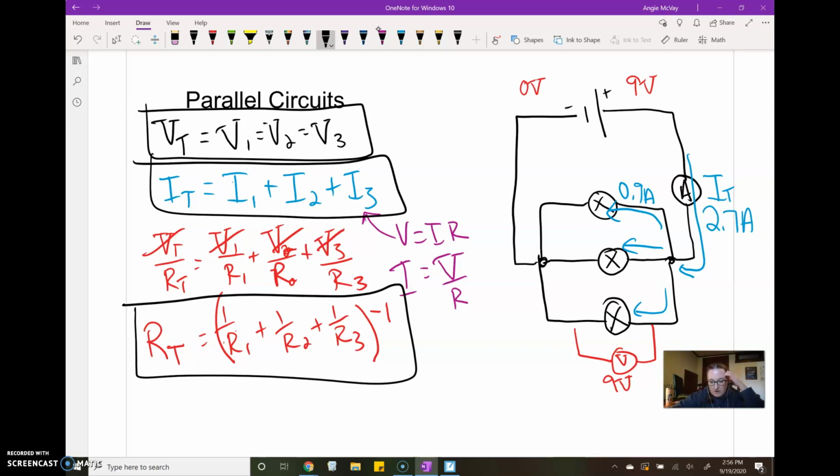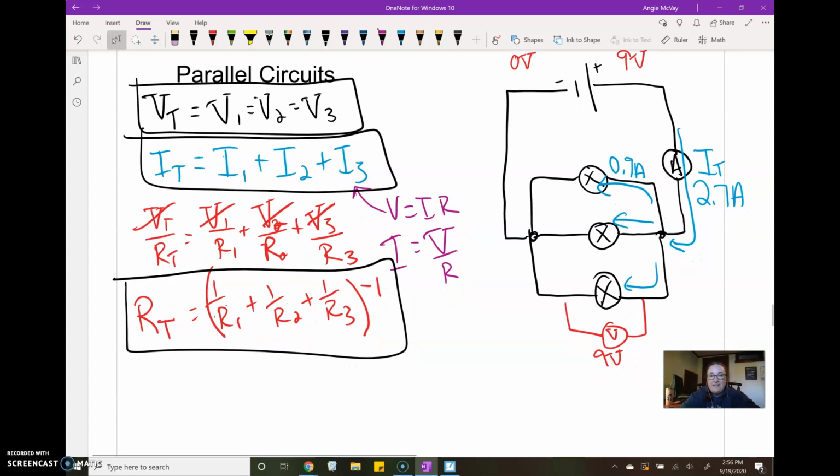Okay, now here is the waterfall analogy for parallel circuits. Why is the voltage in parallel circuits the way it is? Why are the voltages all the same? So again, if you think about voltage like the potential energy of electrons, we'll do an analogy for a waterfall.